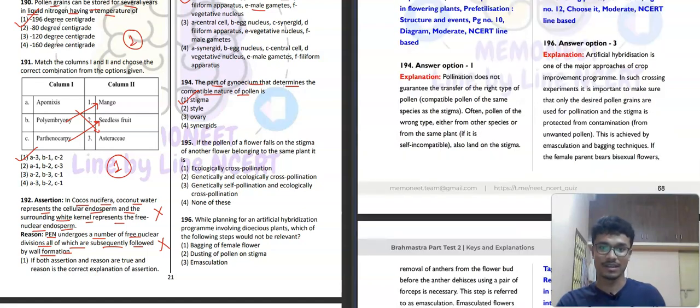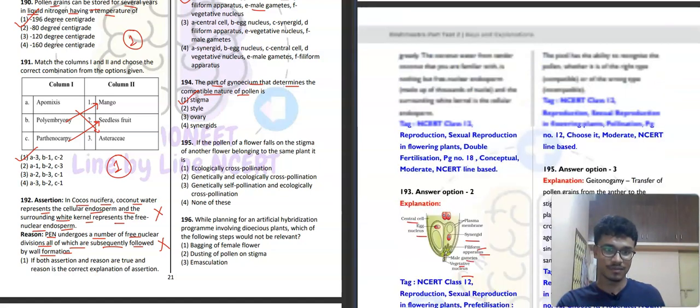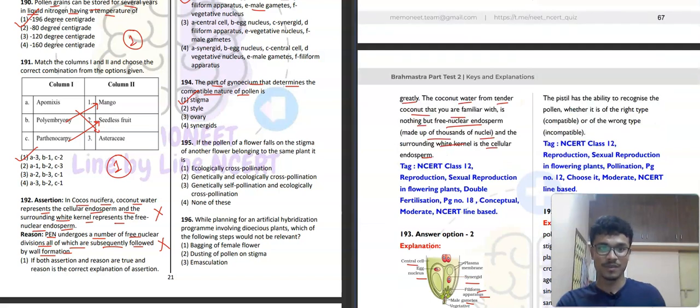You can see here, pollination does not guarantee compatibility, since pollen of the wrong type may also land. The pistil has the ability to recognize whether the pollen is of the right type or of the wrong type. So the first option will be our correct answer for this question.